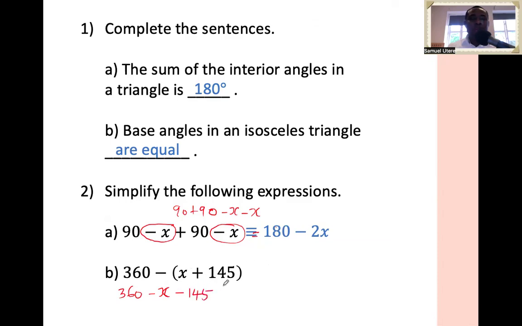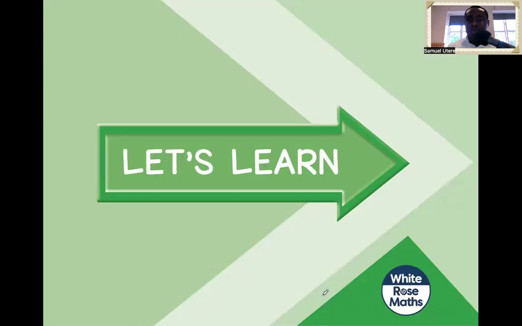Now, if we rearrange this, this will be 360 subtract 145, so we're collecting like terms, and then subtract x. So your result will actually be 215 subtract x. Take note of this skill because you're going to be using it in this lesson.